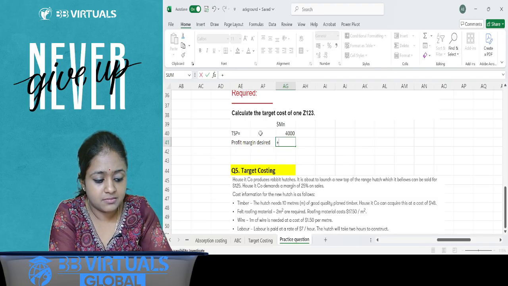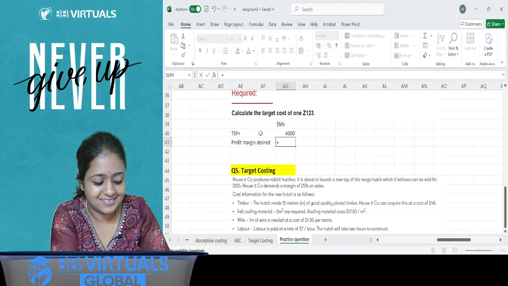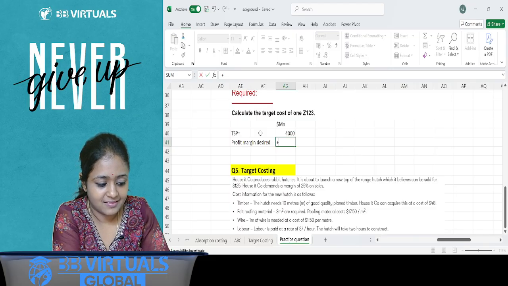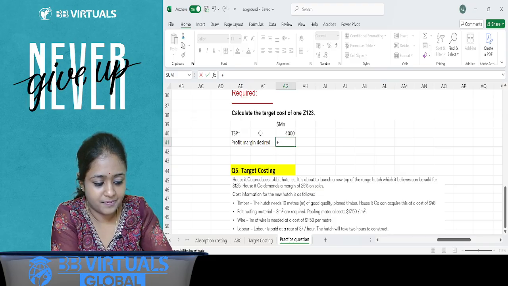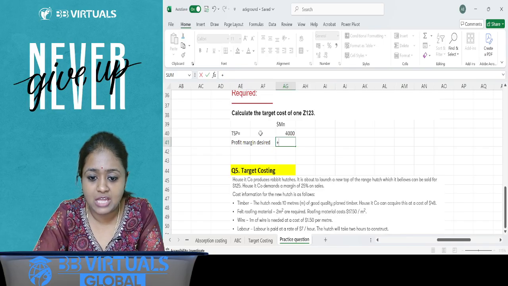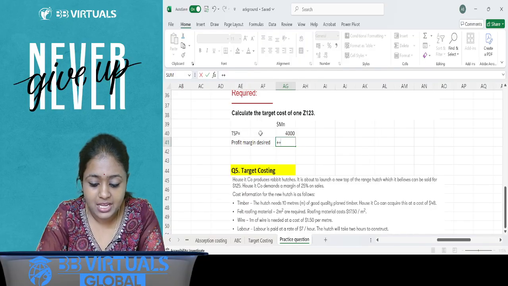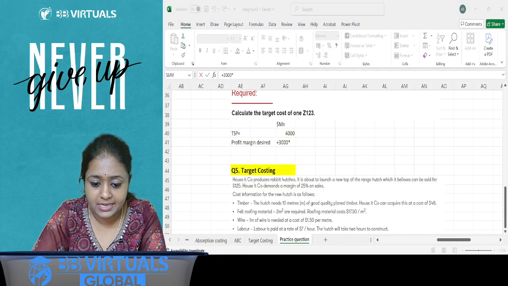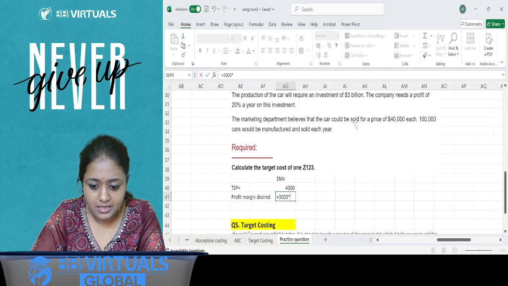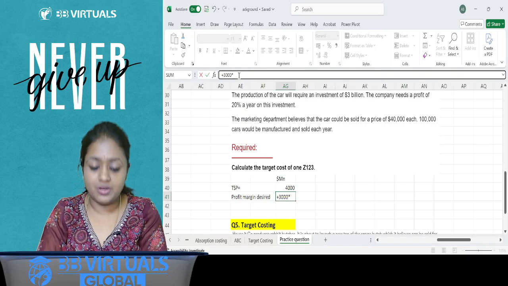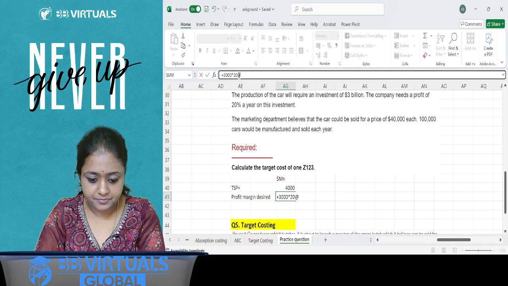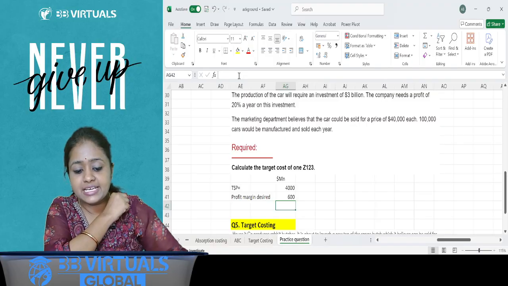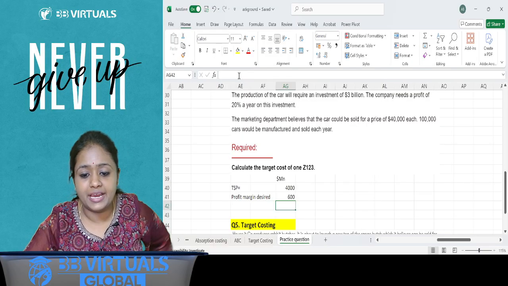How much is 3 billion? 1 billion is equal to 1000 million, right? So 3 billion is 3000 million. So that is 3000 million multiplied by the rate desired, 20% return. And we get 600. So the profit margin desired is 600.